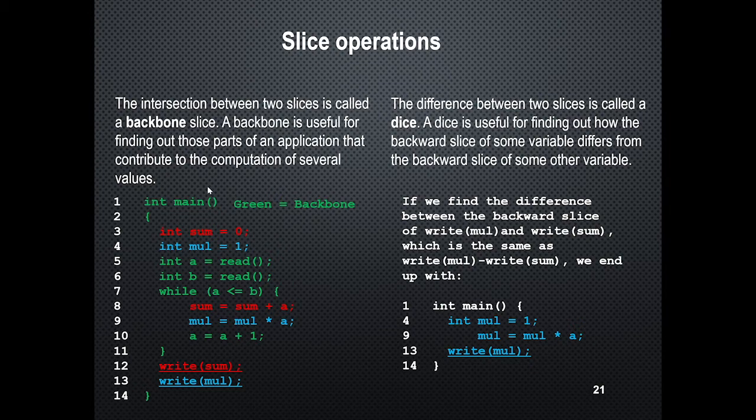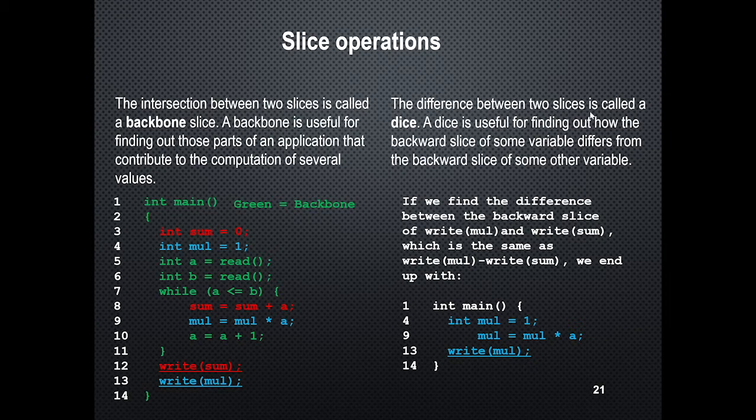So as you can see in this segment of code here, the red lines are the backward slice of sum, and the blue lines are the backward slice of write mul, and the green are from the backward slice of both, the lines that are in both backward slices, which is also the backbone. So these are the lines required for the computation of multiple values, which are both of these.